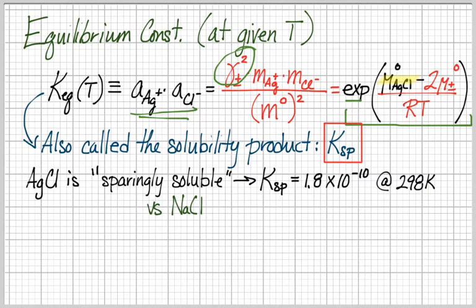You're going to throw silver chloride into solution. Some silver ions, some chloride ions are going to go into solution, but the majority of the system is going to stay solid. Let's compare that to our own table salt, sodium chloride. It's going to be a very different system. My solubility product is going to be 3.73 times 10 to the 1. Okay, that's 11 orders of magnitude difference.